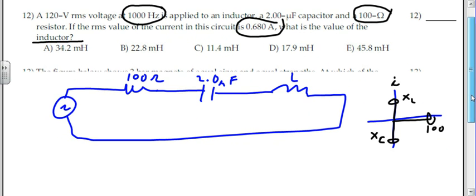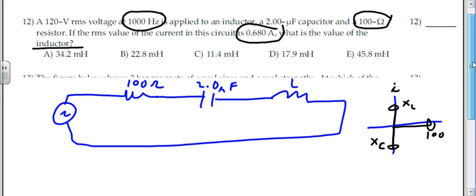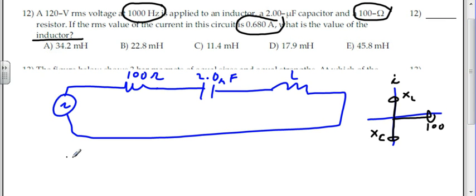So now the issue is, could this be done with no inductance at all? Do I need inductance? That would be the next issue. So we would solve for impedance.